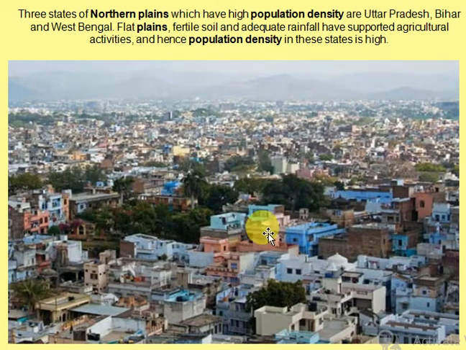So due to the plain areas, a large number of people live there. In fact, if you take the case of Uttarakhand, a large number of people migrate toward the plain areas. So push and pull factors are there.